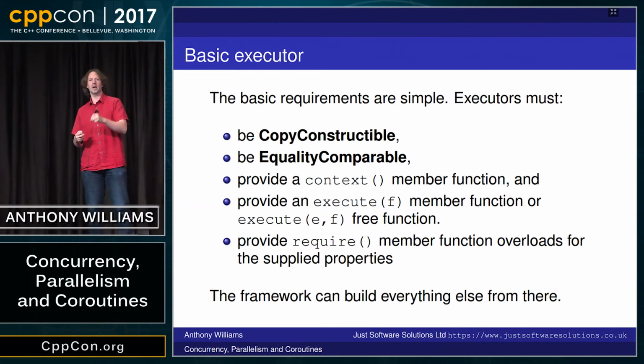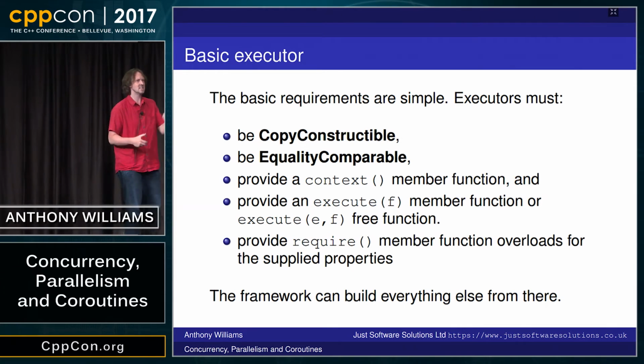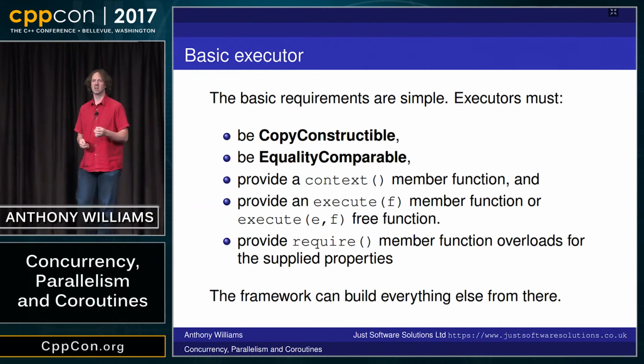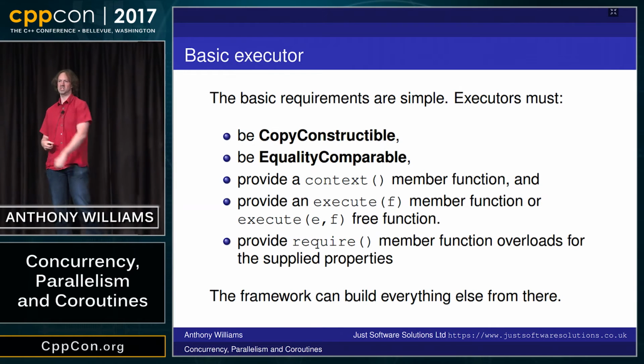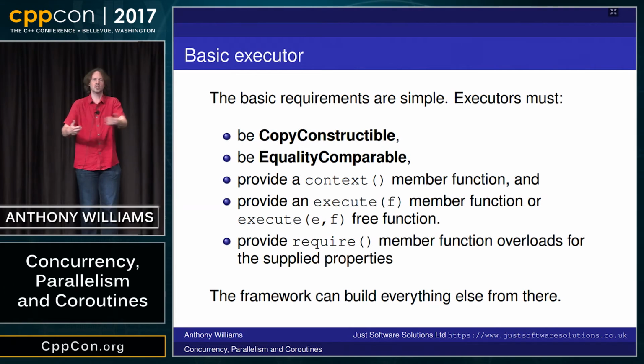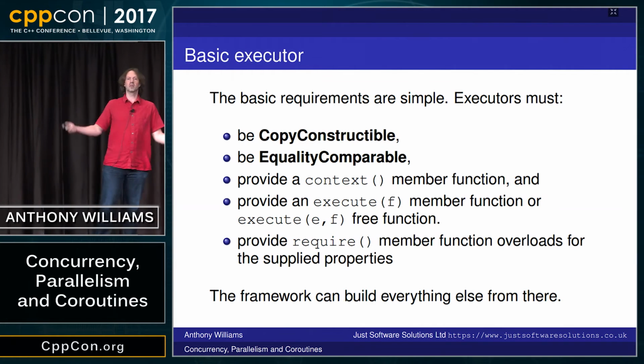We have this require member function, which provides overloads. So if you need a specific property from your executor, then you say, I require this property. And either it will compile and work because it can provide you that property, or it will fail to compile because it doesn't. And the framework can then allow you to build everything else from there.